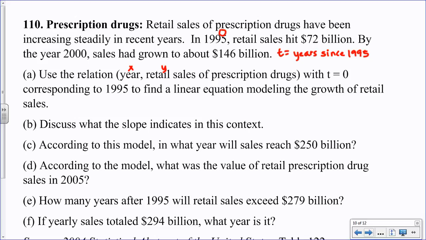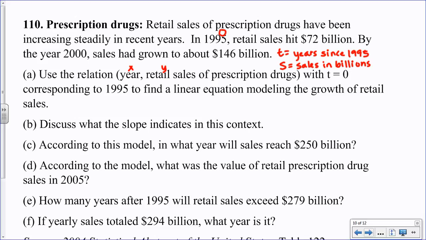You don't have to give me a letter. What else needs to be represented? The sales. So I have my years, and now I need sales. They use T, so I'll just use S for sales, and I'm going to say in billions, so I don't have to write nine zeros after that. I can just write 72.